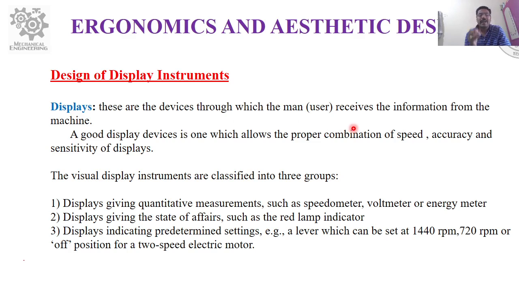It indicates information or guidelines to the user. We observe displays on roadsides, highways, or shops, where they indicate clear information to share with the people. This is called a display.